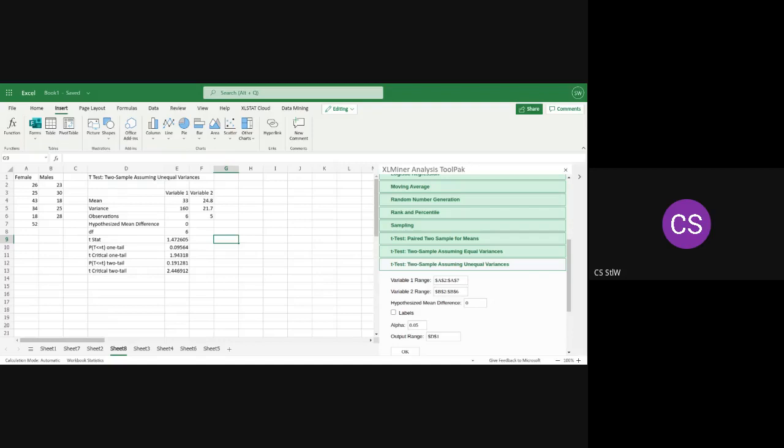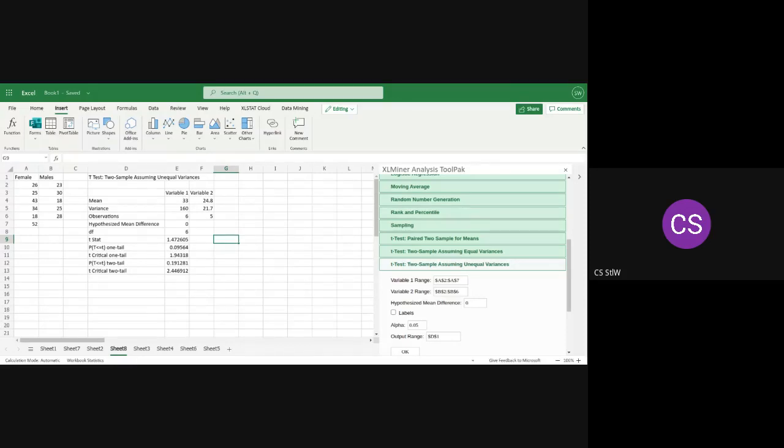And then the hypothesized mean difference is 0, and the degrees of freedom is 6. The t stat is 1.472605. The probability for one tail is 0.95, the t critical for one tail is 1.94, and the probability for t two tail is 0.19.